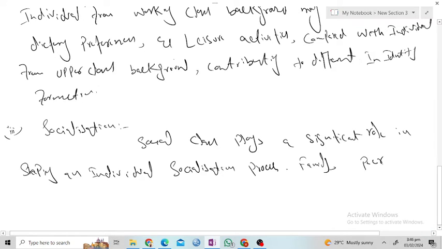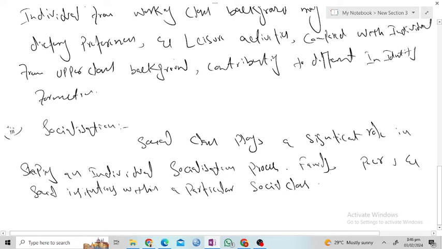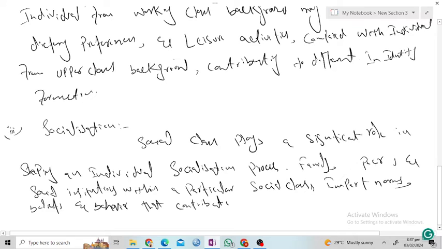Family, peers, and social institutions within a particular social class impart norms, beliefs, and behaviors that contribute to the development of identity.